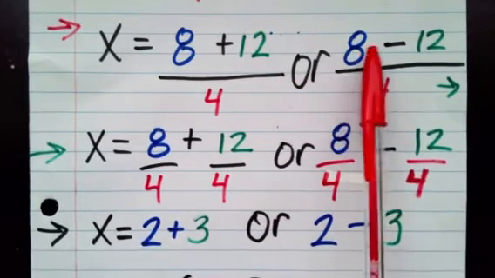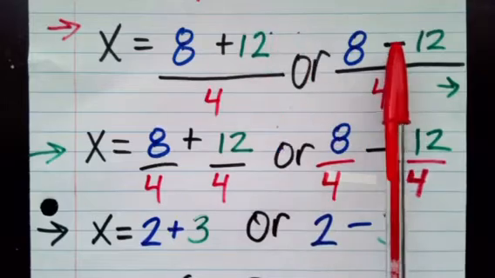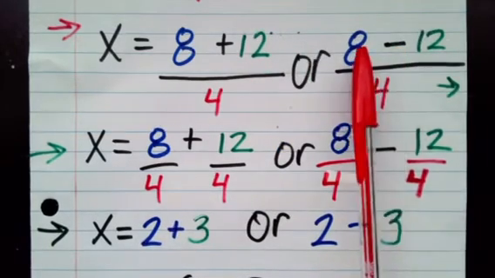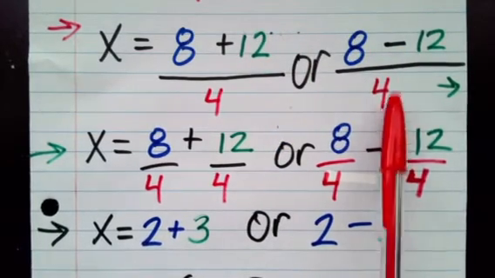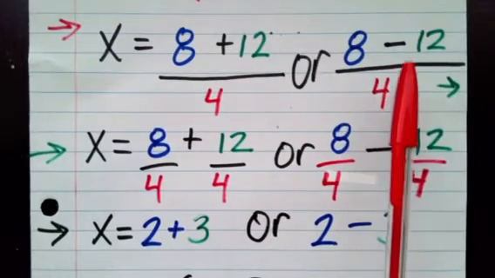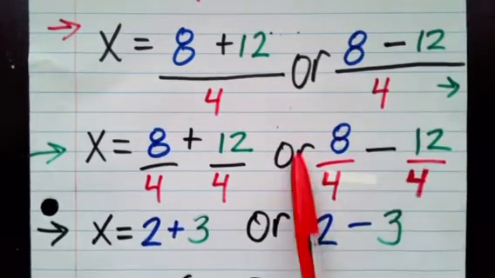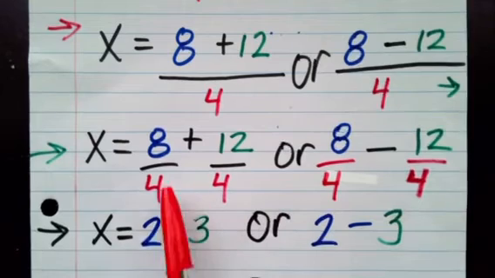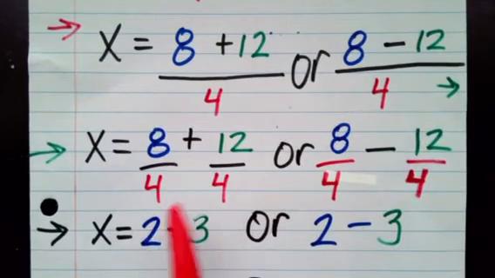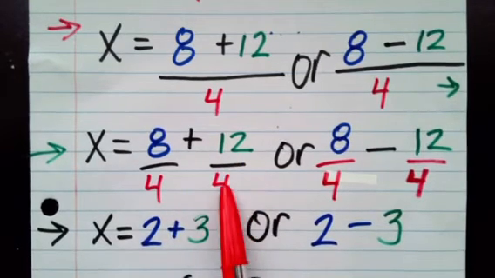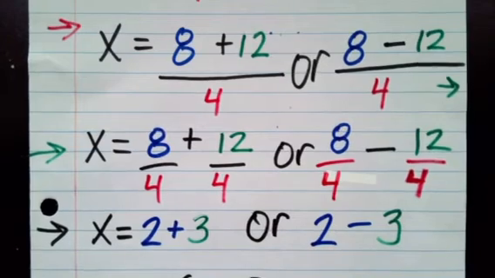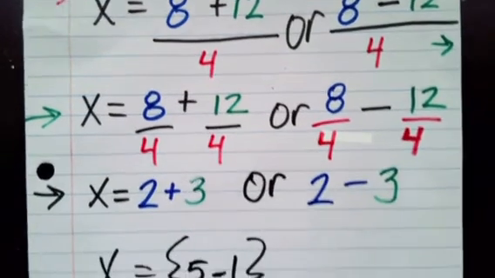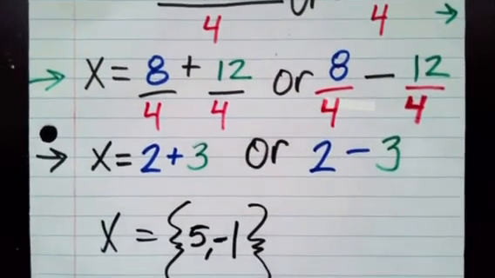Or with the 8 minus the 12, remember the plus or minus, right? This is the minus version. So 8 minus 12 over 4, which is 8 over 4 minus 12 over 4, which is what I'm showing you here. Now we're going to simplify. 8 divided by 4 is 2, plus 12 divided by 4 is 3. So x equals positive 5.